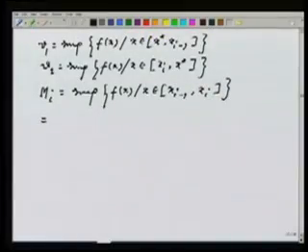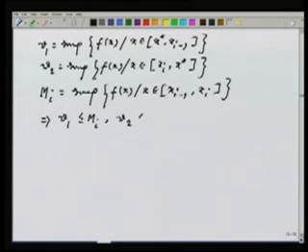This implies that V1 is less than or equal to Mi and V2 is also less than or equal to Mi. This then would imply, exactly as in the previous case, that UP2F is less than or equal to UP1F.